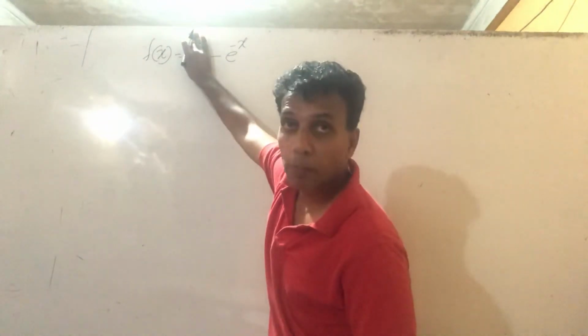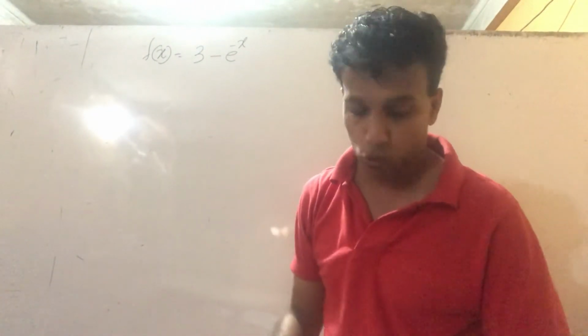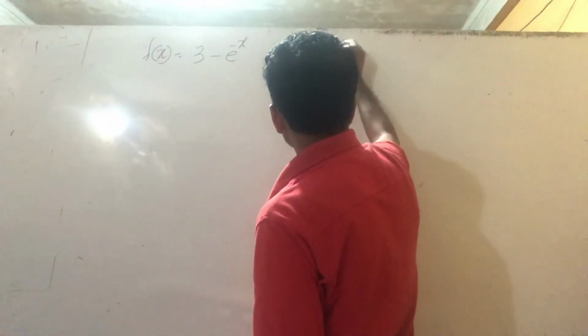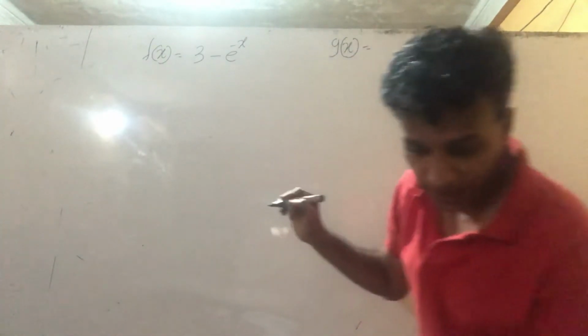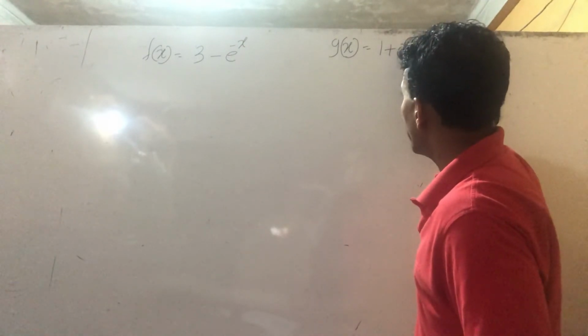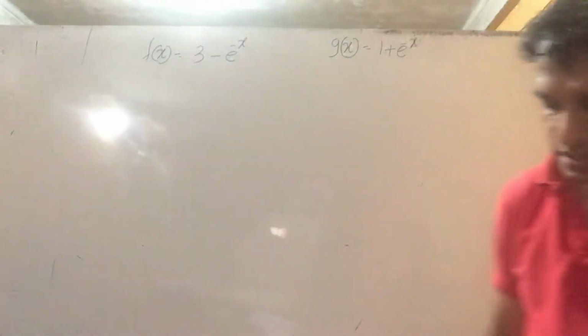Next I showed the minus of that. Next add 3, then you know how to draw. Also the other graph is what? G of x is 1 plus e to the power minus x, right?